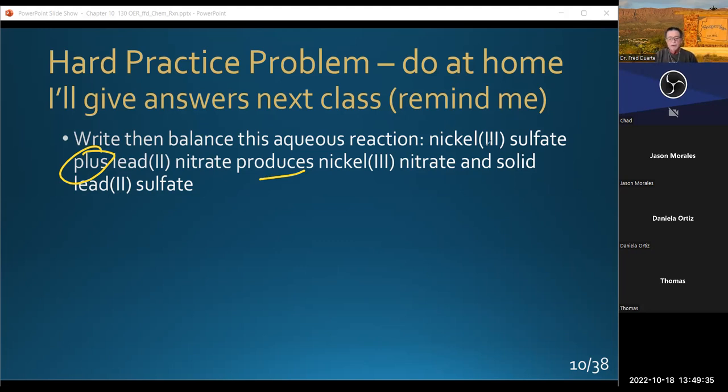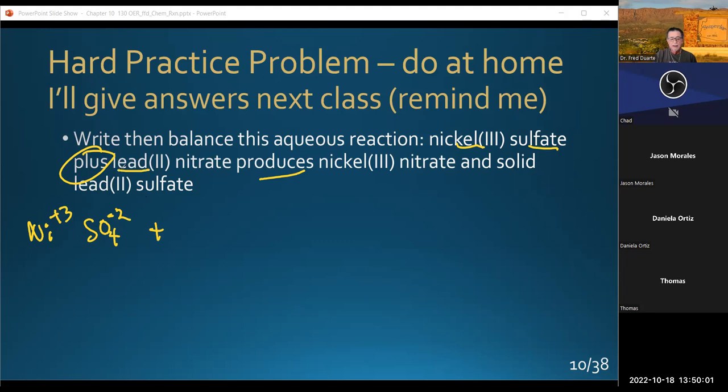So the first one, nickel, we know that is Ni, right? A Roman numeral tells us we are dealing with +3. Sulfate, that directs you to the polyatomic ion table, and that would be SO4 -2, okay?